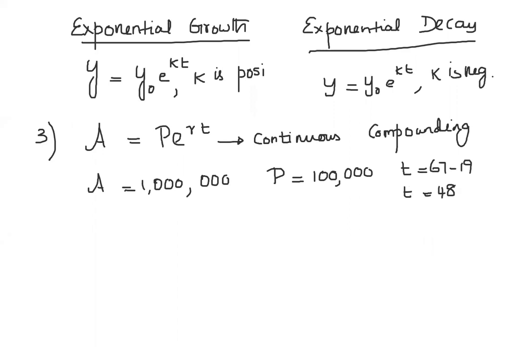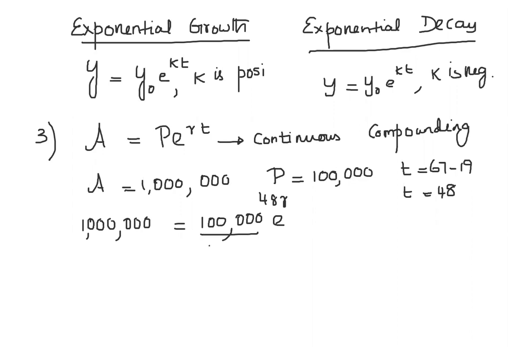So we're finding the rate. So let's plug in the numbers. 1,000,000 equals 100,000 times e to the power, we don't know what the r is, and t is 48.